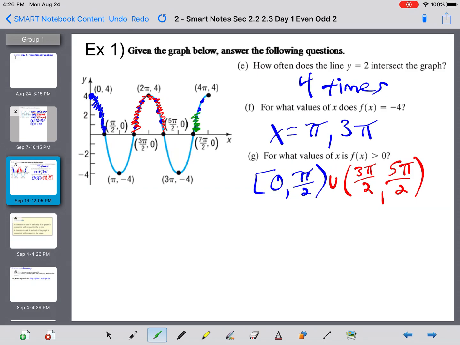Last but not least, this little green piece of the graph over here. We're going to union that with everything from parenthesis 7 pi over 2. Again, I have to use a parenthesis there because I can't equal 0. And then all the way to 4 pi with a bracket because this point where the x value of 4 pi is greater than 0, so I can include that point.